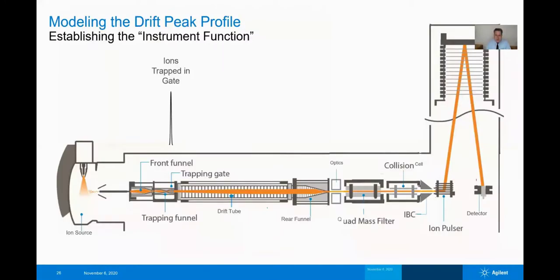Now, we can take it a step further if we want to do resolution enhancement by actually knowing what each ion's characteristics are in terms of passing through the drift tube. Now we trap them and we release them, and during that, we get a diffusion broadening that results in a resolving power of about 50, as I mentioned before.